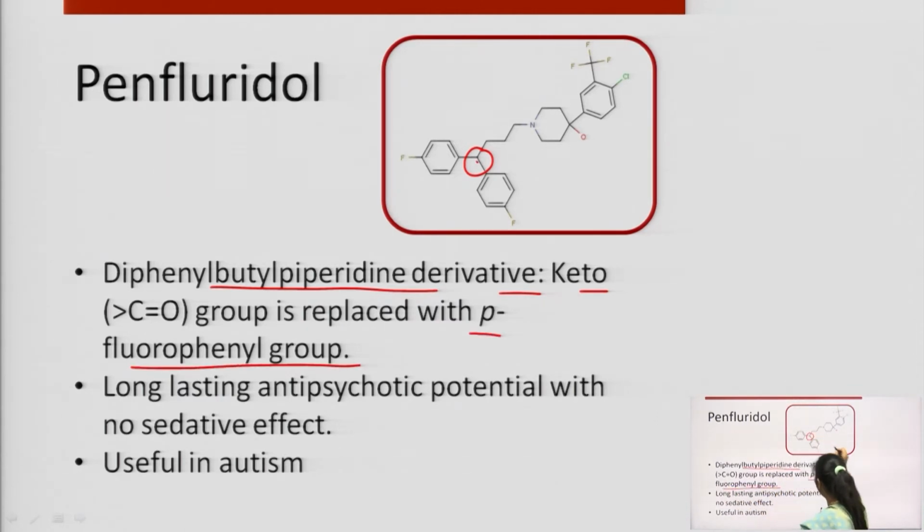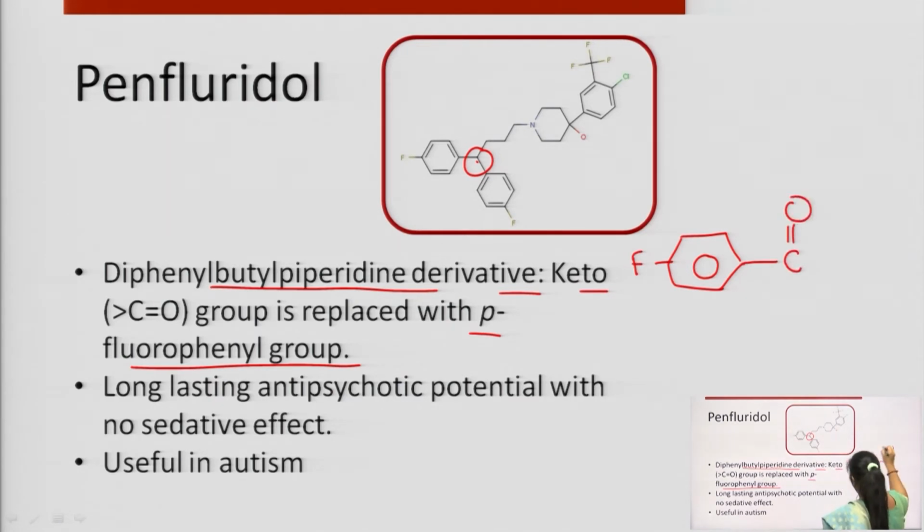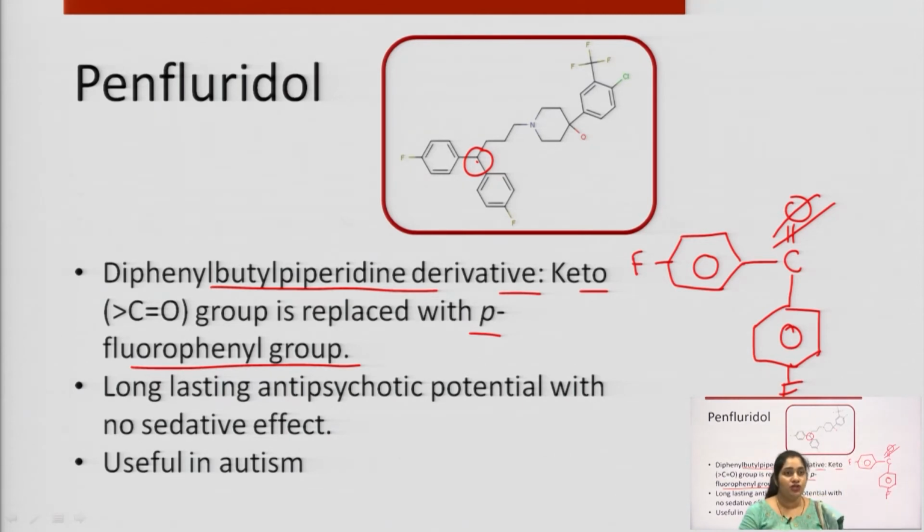Here we had F and we had C double bond O. Now this C double bond O has been replaced by a phenyl ring with another fluoro atom at its para position.